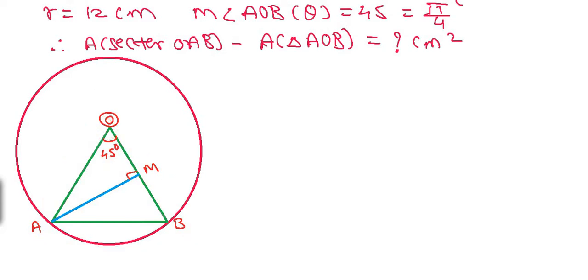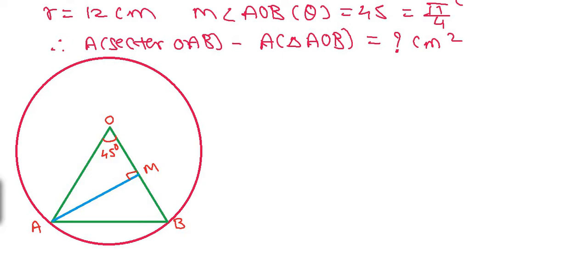Okay. Now drop a perpendicular from point A on OB at point M. So what is AM? AM is the perpendicular from a vertex of a triangle onto the opposite side. That is known as height of a triangle.